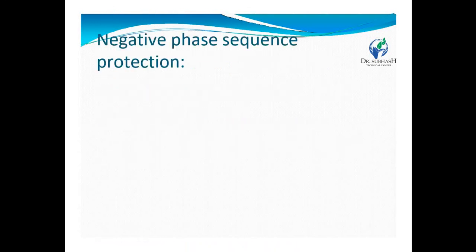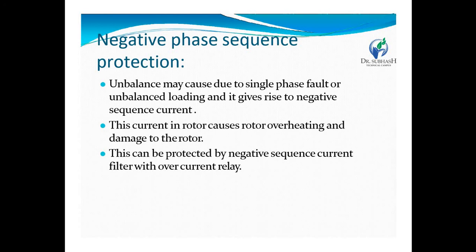Negative phase sequence protection. Unbalance may be caused due to a single phase fault or unbalanced loading, and it gives rise to negative sequence current. This current in the rotor causes rotor overheating and damage to the rotor.